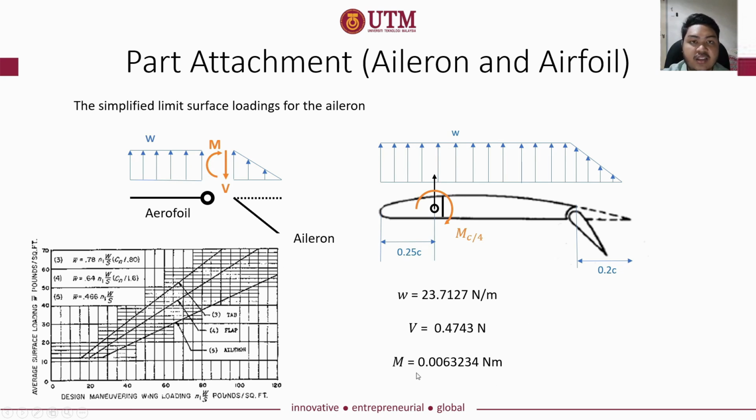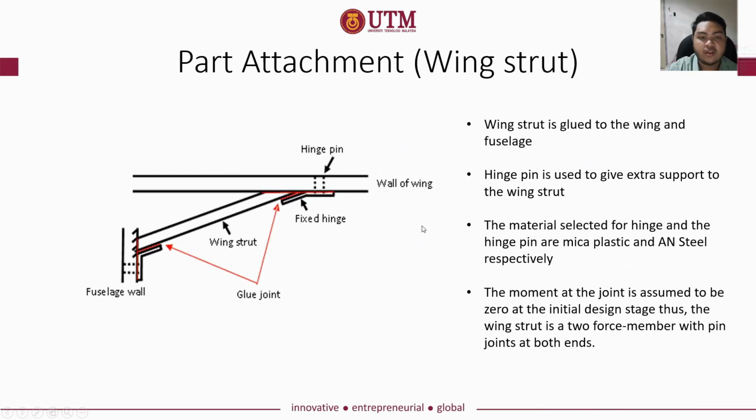Here are the results that we obtained from the analysis. For the load distribution, we get 23.7127 Newton per meter, V is 0.4743 Newton, and moment is 0.0063234 Newton meter. Here is the part attachment for the wing strut.